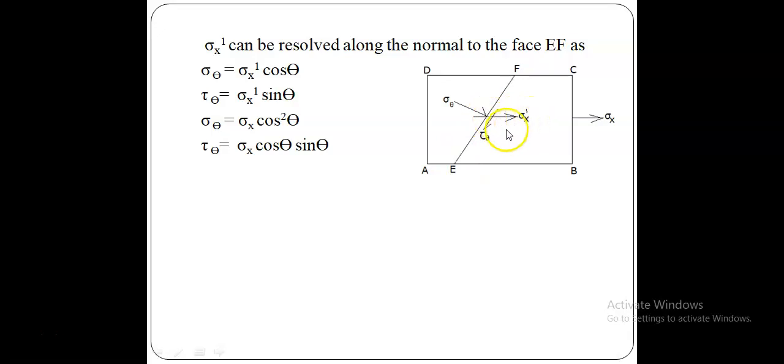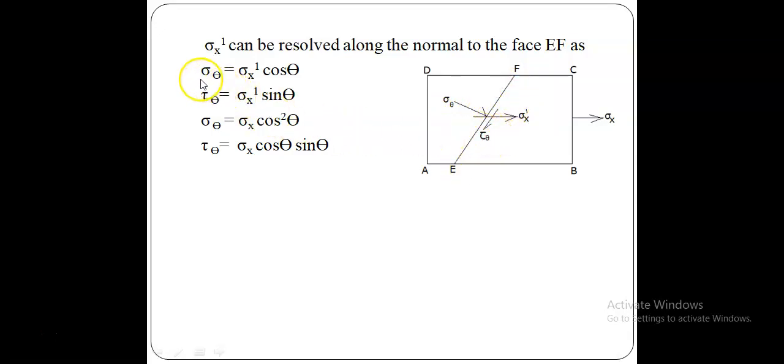Now the stress is resolved into sigma theta and tau theta, which are our required stresses. Our interest is to find the normal stress acting on this inclined plane EF, let it be sigma theta, and the tangential or shear stress acting on this plane, let it be tau theta.